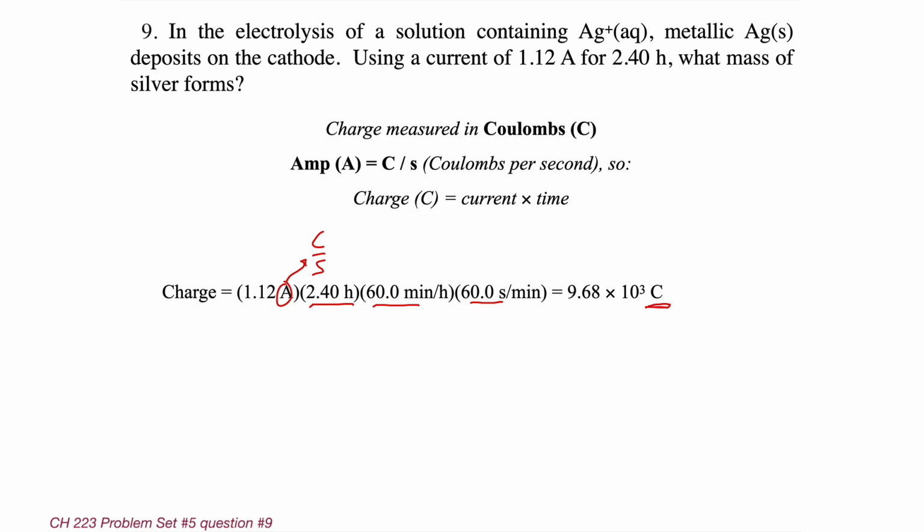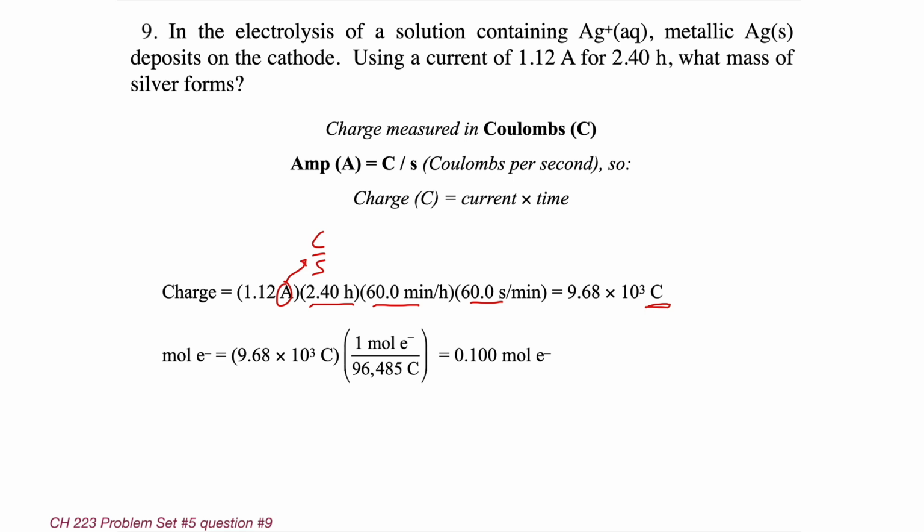However, it doesn't really help us with the silver right now until we go back to the Faraday constant, that 96,485. And the Faraday, the F, is 96,485 coulombs per mole of electrons. So every time you have a mole of electrons, you have transferred 96,485 coulombs.